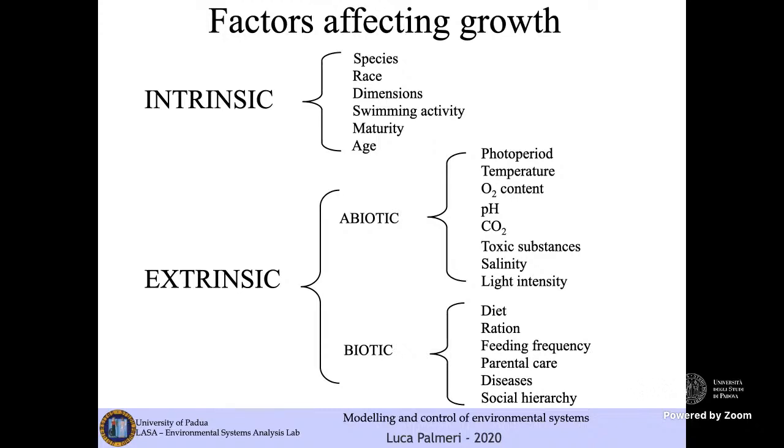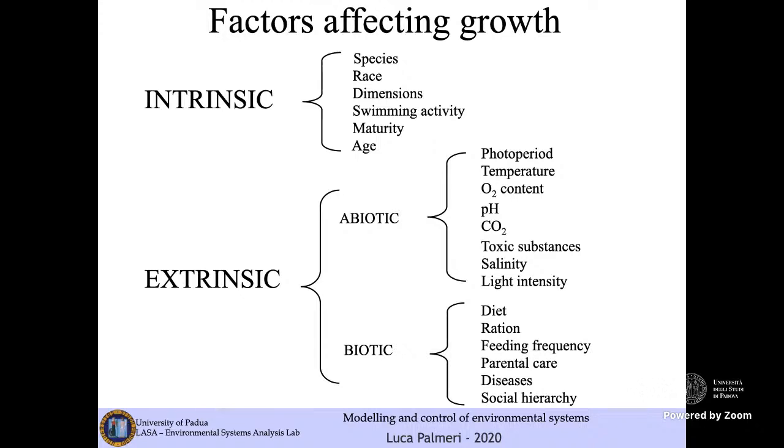Intrinsic factors refer to the species, the race, dimensions or swimming activity, maturity, or age of the animal or of the organism we are looking at, factors that are intrinsic to the specific organism we want to model. And then there are several extrinsic factors that are very relevant.